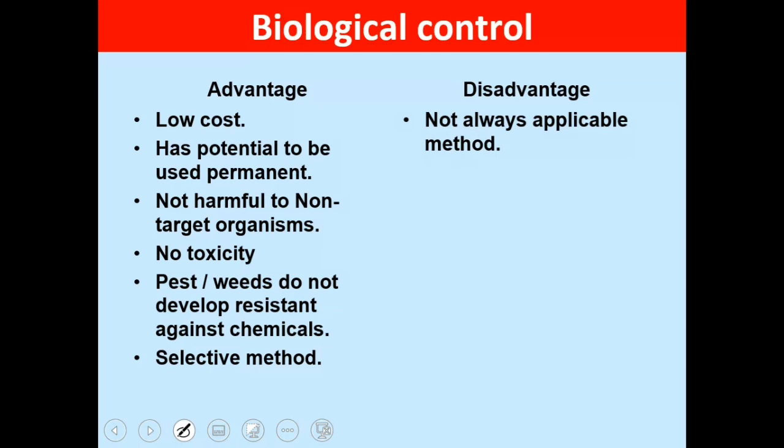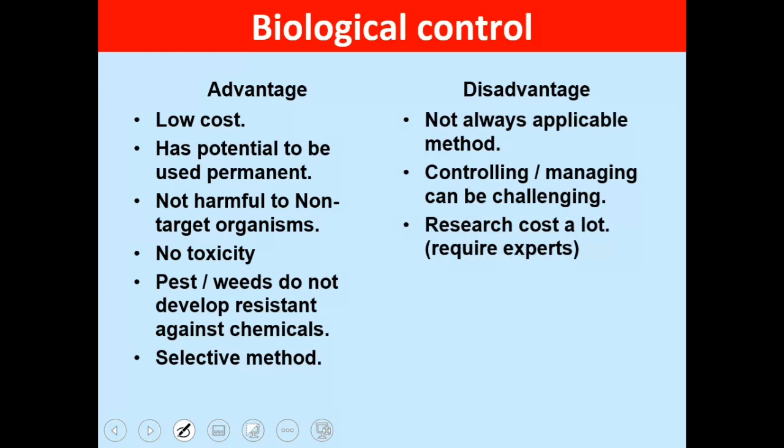First one is it doesn't always work well. You may even find some situations where there is another predator of the predator. Controlling and managing can be quite challenging, especially if the population of the predator increases a lot and causes different problems. That is also possible.